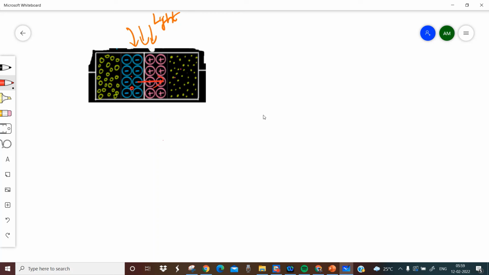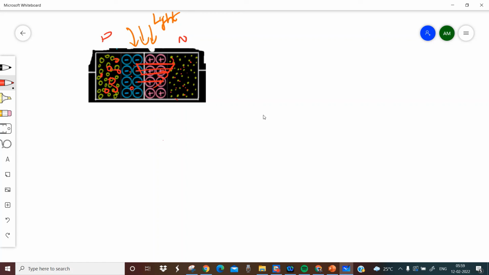Already there are electrons, but those are in equilibrium, so there will not be much potential. But these electrons will be swept. Similarly, a lot of electrons will be produced due to this light excitation. All will be swept to this end region. So a lot of electrons here, and also a lot of holes will be produced in this P region.